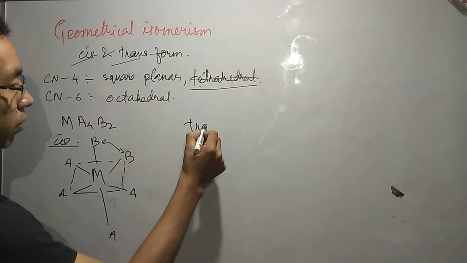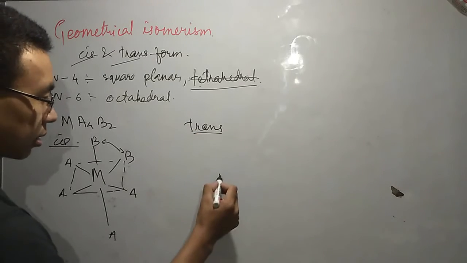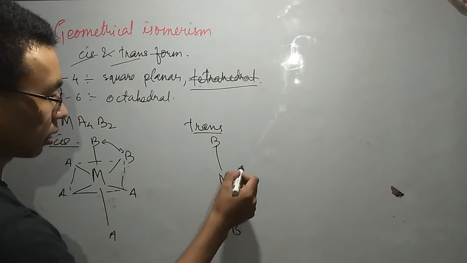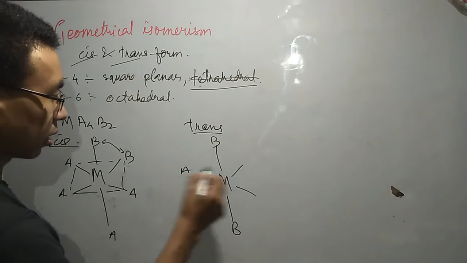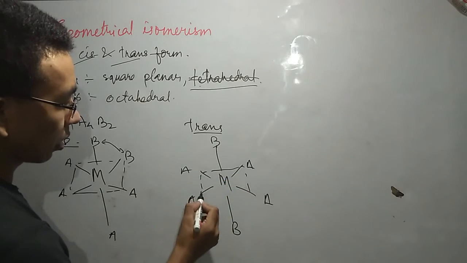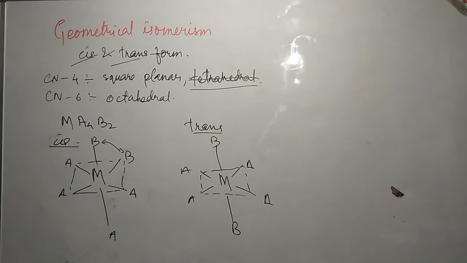And for the trans form, we will represent it with the two A ligands opposite each other. So this is the trans form.